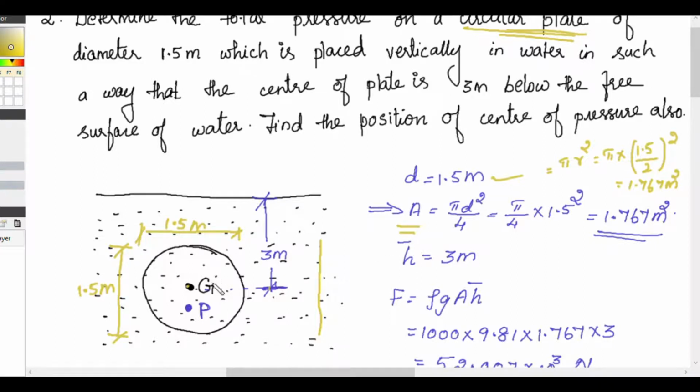Now, what is h bar? H bar is, we know the center of gravity is lying at 3 meter from the free surface of water. So this is our h bar. So h bar is equal to 3 meter. So distance of center of gravity from the free surface of water, that is 3 meter. So our F is equal to rho g A into h bar. So rho is 1000, g is 9.81, area is 1.767 and h bar is 3.